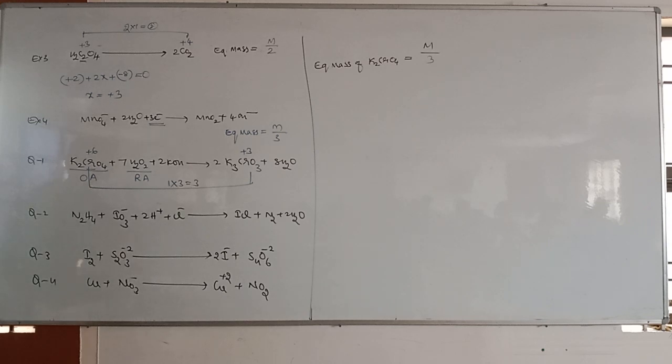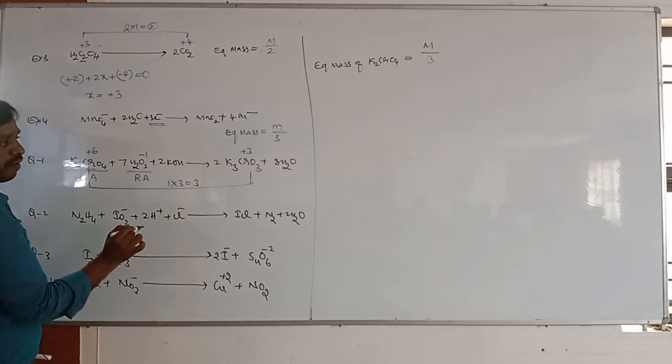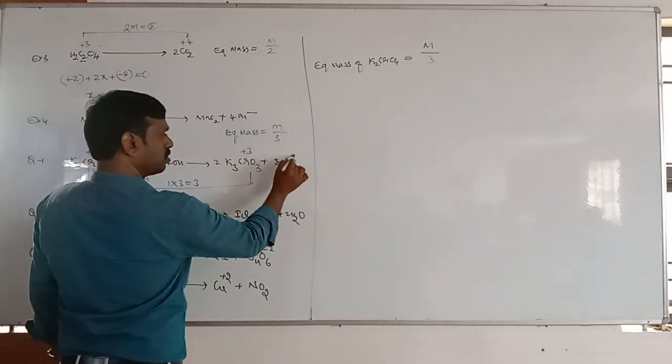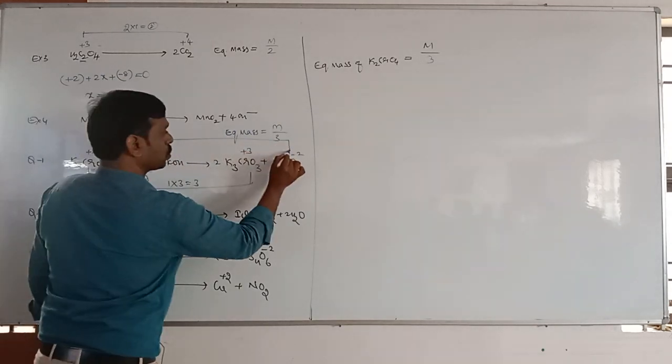Next, H2O2. In the last class, I gave you information about H2O2. H2O2 can act as both an oxidizing and reducing agent. Wherever it comes, the H2O2 n factor is 2, M by 2. You need not calculate it, or else let us calculate. Oxygen is -1; here oxygen is -2, here also -2. -1 to -2.